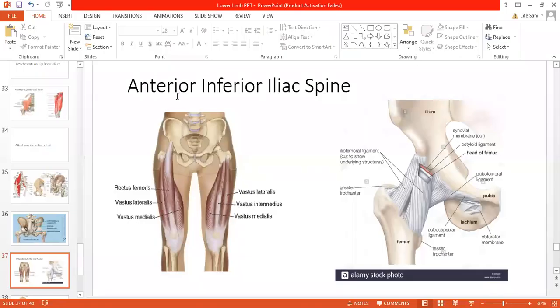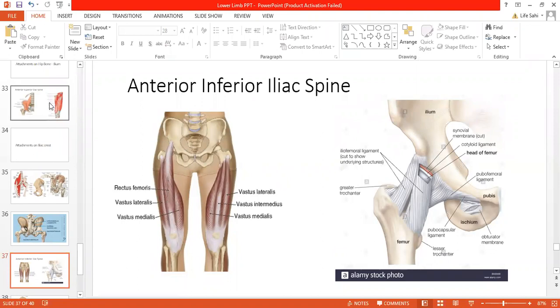Next attachments are on the anterior inferior iliac spine. Here in this diagram, again, you can appreciate the anterior superior iliac spine, and this is the anterior inferior iliac spine. Here you can clearly see the origin of another muscle from the anterior compartment of thigh called rectus femoris.